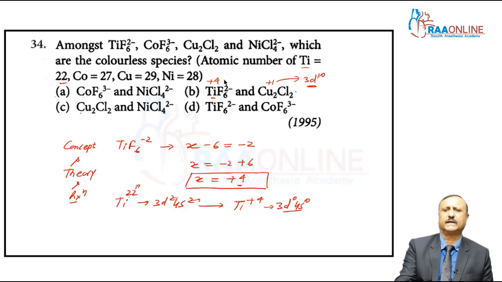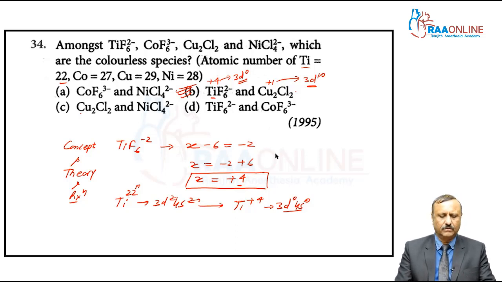So titanium plus 4 also gets the 3d0 electronic configuration. When d0 and d10 electronic configurations are present, those salts dissolved in water form colorless species. So you can go to answer B. Question number 34, answer is B, and this question was asked in 1995.